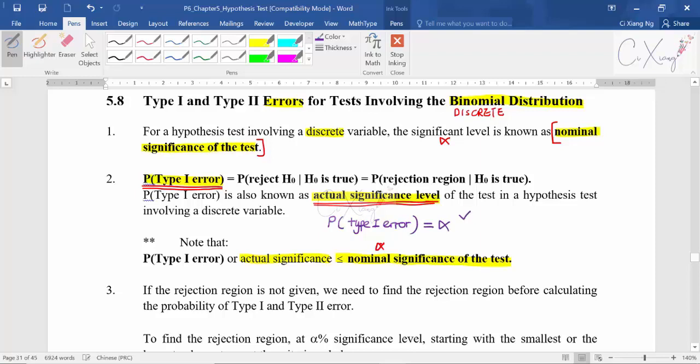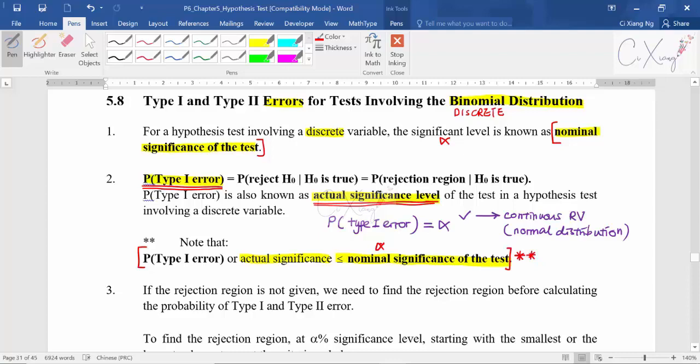This is true, but it is only for the continuous random variable, which is the normal distribution. For discrete random variables, or binomial and Poisson distribution, you need to remember this new result: the actual significance, or the type 1 error probability, is always smaller or equal to alpha. This is important, so please make sure you remember it.